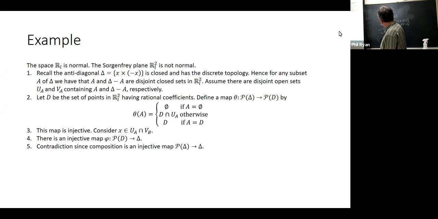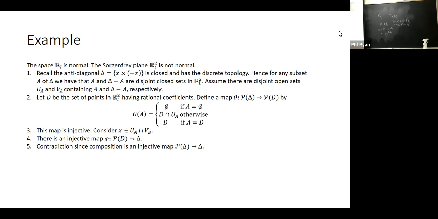So there are points in D that lie in U of A, and they don't lie in U of B. Therefore, these sets are different. That means theta of A doesn't equal theta of B. So this is an injective map.